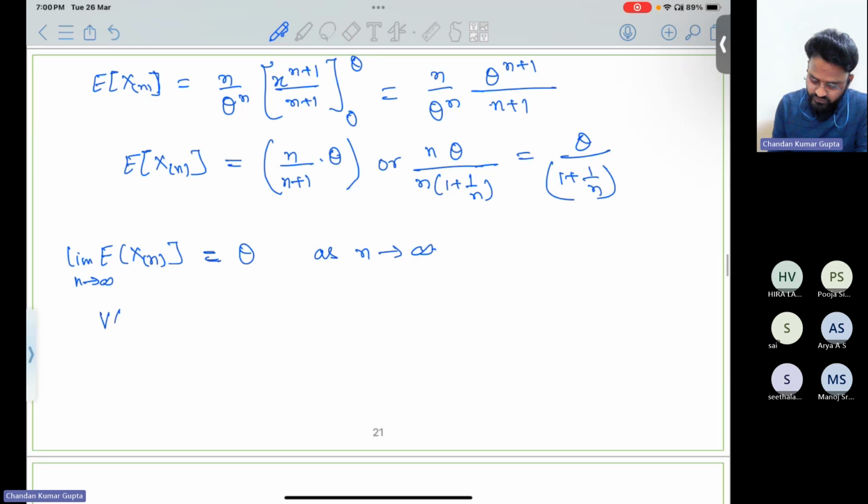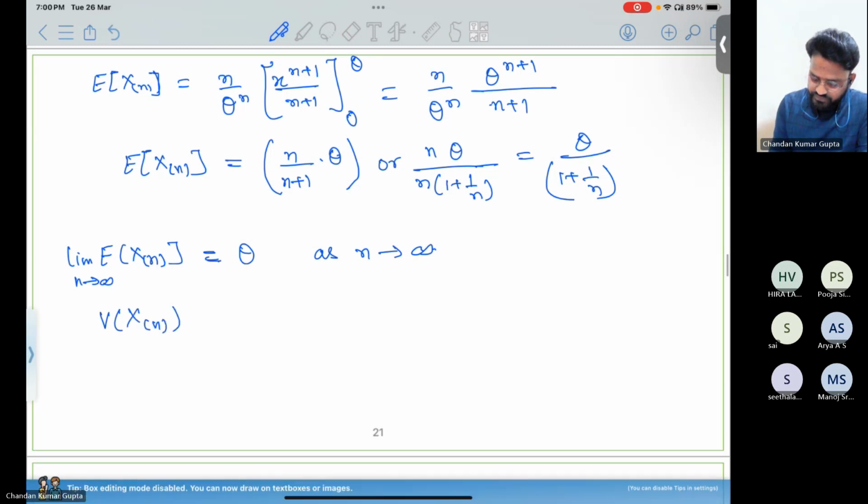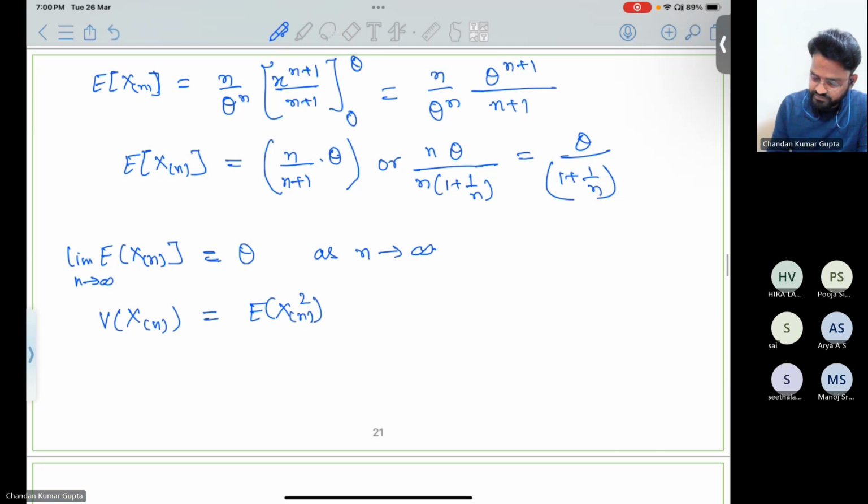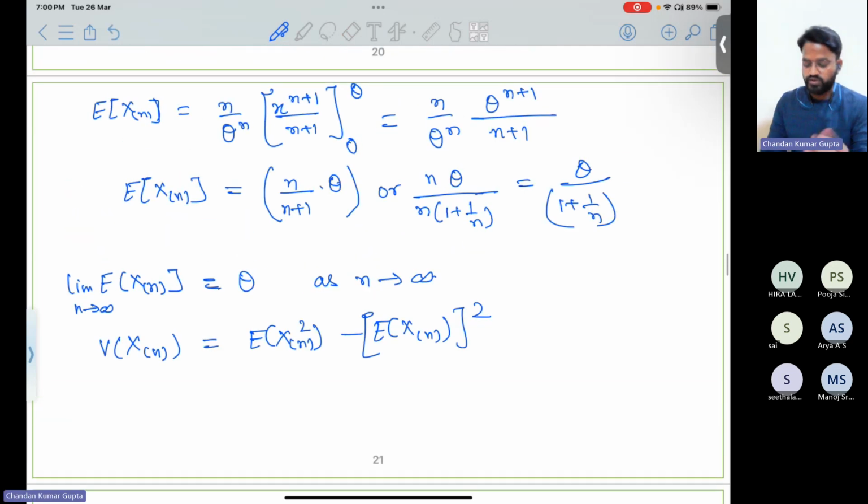Now the variance of Xn, which is the expected value of Xn square minus the expectation of Xn whole square. So now we will calculate this and then the variance.